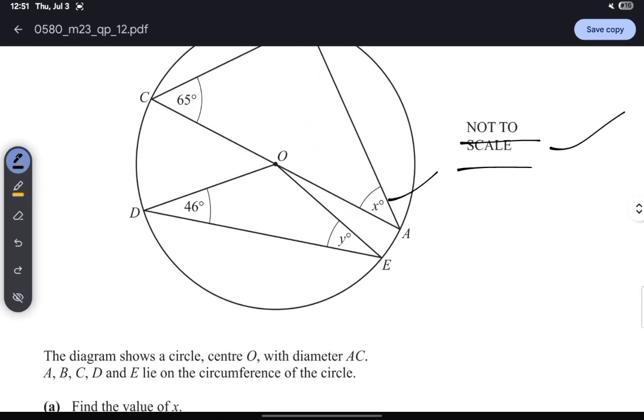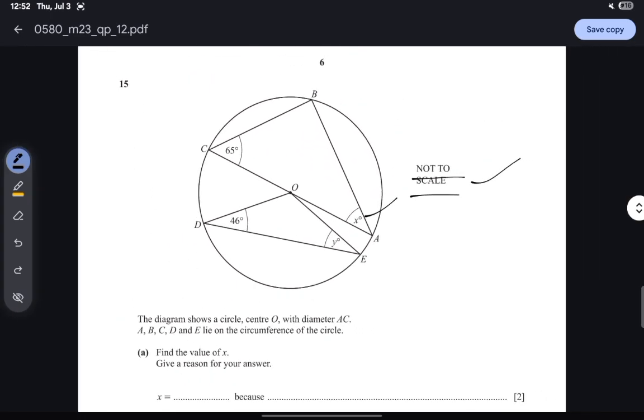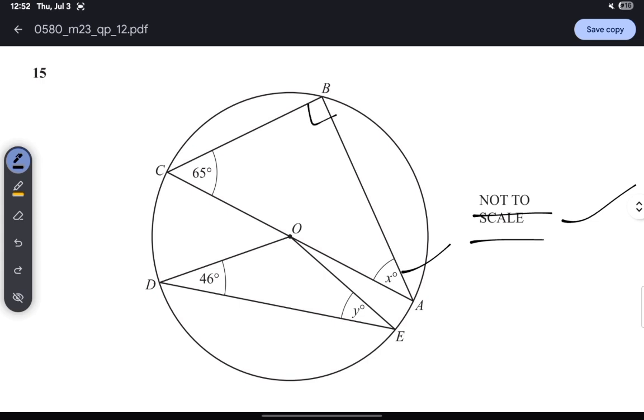So as you can see, O is our center, and we know from circle theorems that an angle in a semicircle, in this half of a circle, is 90 degrees. So if you look closely, you see that this angle is 90 degrees since it's our angle in the semicircle, right?